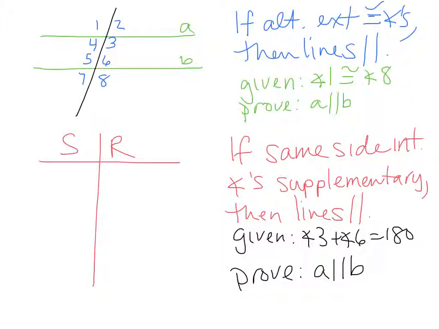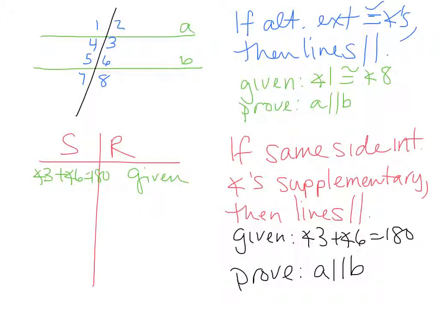One thing I want you to notice is that we have taken this conditional statement and turned it into a given and prove, and that's something you learned back in Unit 2, but just a reminder. Okay, so our given here is 3 and 6 equals 180. That's a given. Okay? So now, what can we say?